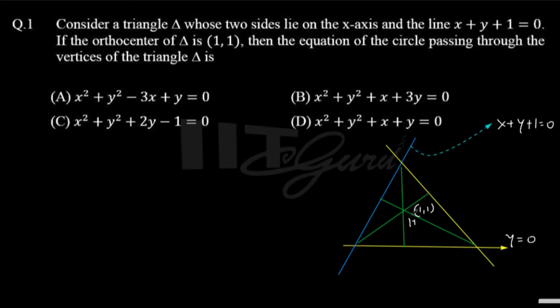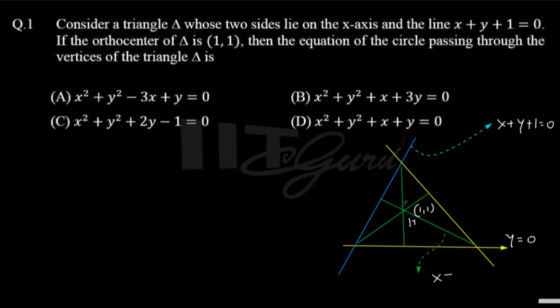Now you can see over here this line we can evaluate. This is x plus y plus 1 equal to 0. So here the slope is minus 1, and so the slope of the perpendicular will be 1, and it is passing through the origin.